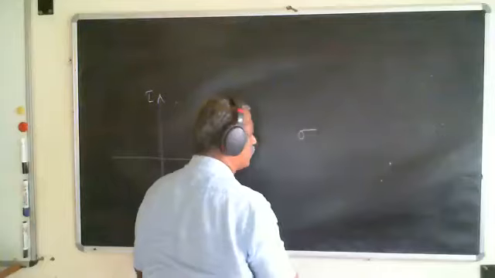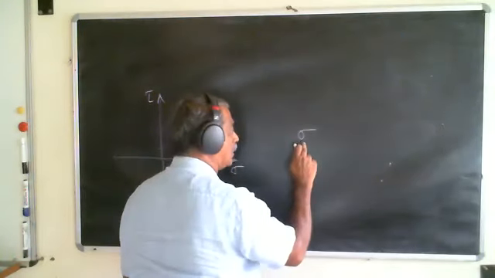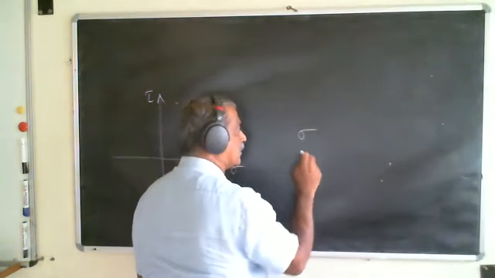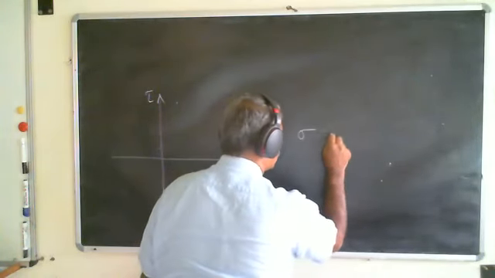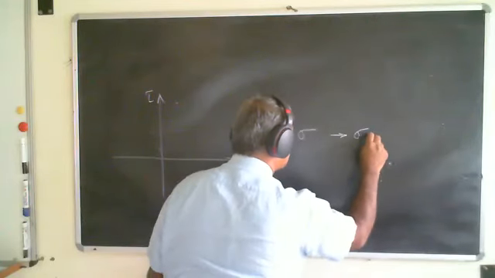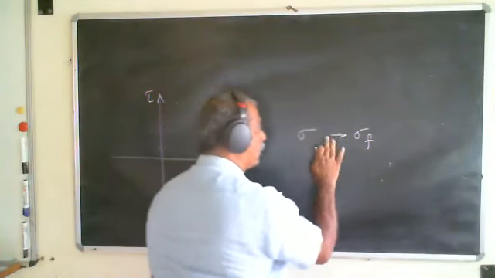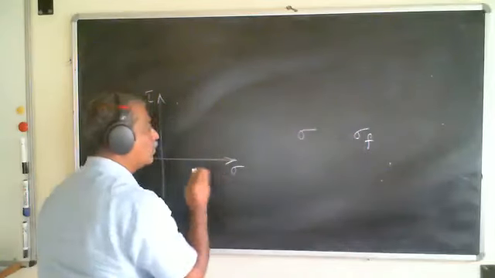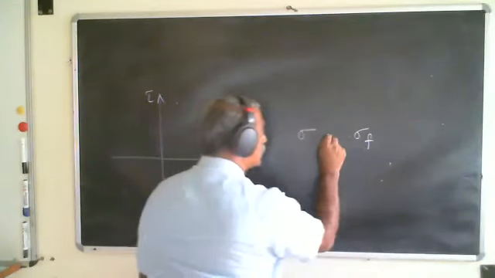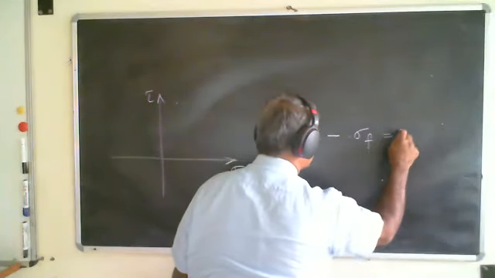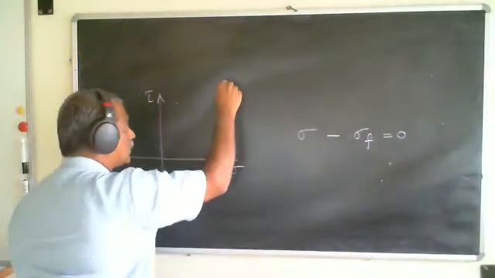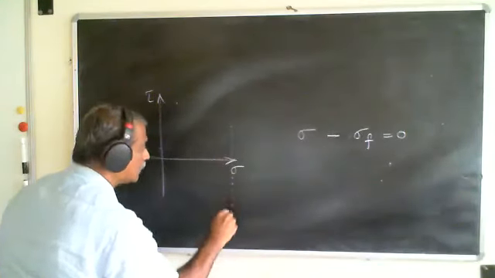The equation perhaps has to say that when the normal stress goes to a limit, which I'm going to call sigma f, then failure occurs. If I have to define this as a line or a curve over here, I'll say sigma minus sigma f is equal to 0.